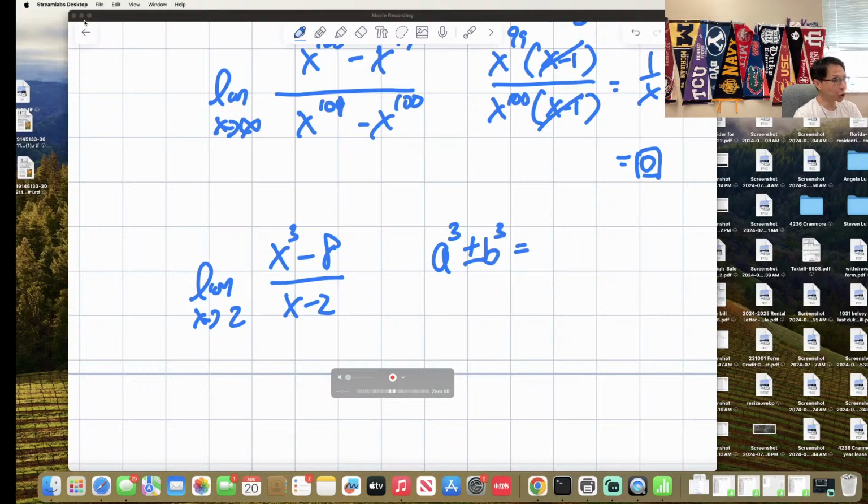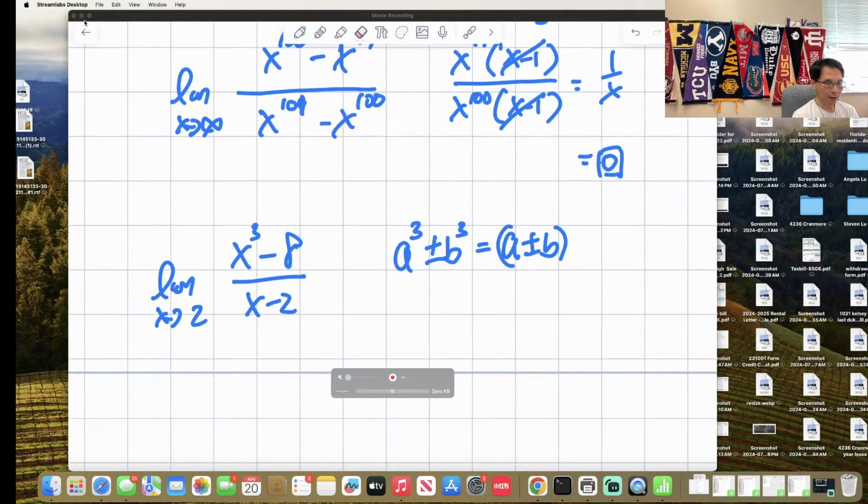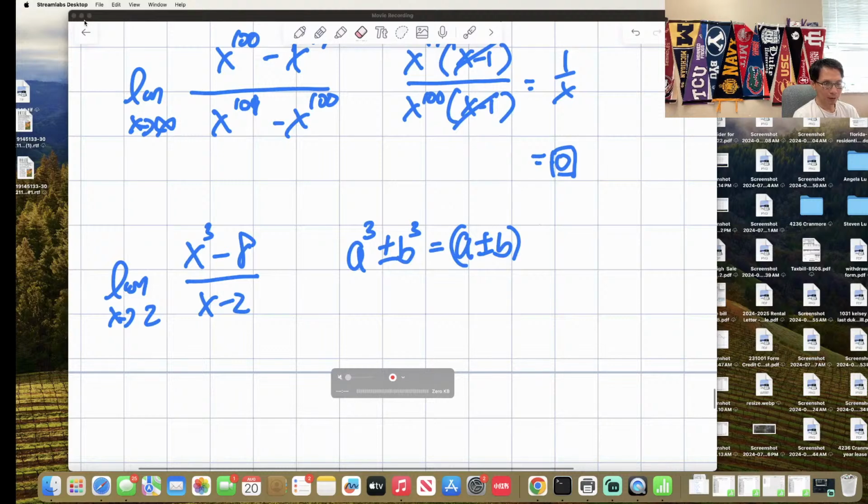Okay, so a plus or minus b cubed is a plus or minus b times the quadratic, with the same sign and opposite signs. That's how you apply it.